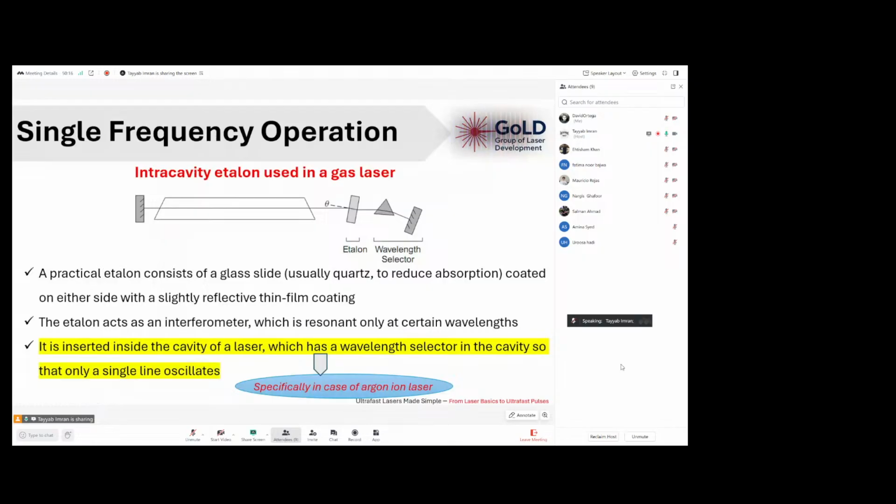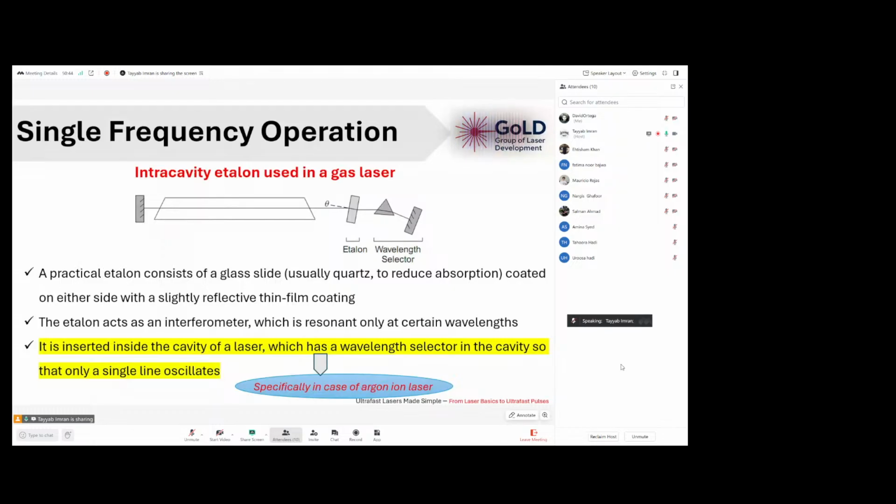Now, single frequency operation. Single frequency operation means we are supposed to remove the longitudinal modes which we don't need. I mean, the laser has to be coherent, has to be monochromatic, and it has to be a line spectrum at the output.